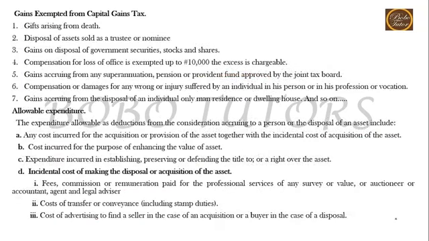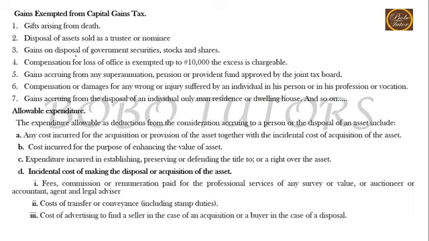Now, the next one is, what are those gains exempted from capital gains? That is, even if you made profit on some class of assets, you are not expected to pay tax. The first one is the gift arising from debt. The second is the disposal of assets sold as a trustee or nominee, because you are not the owner.